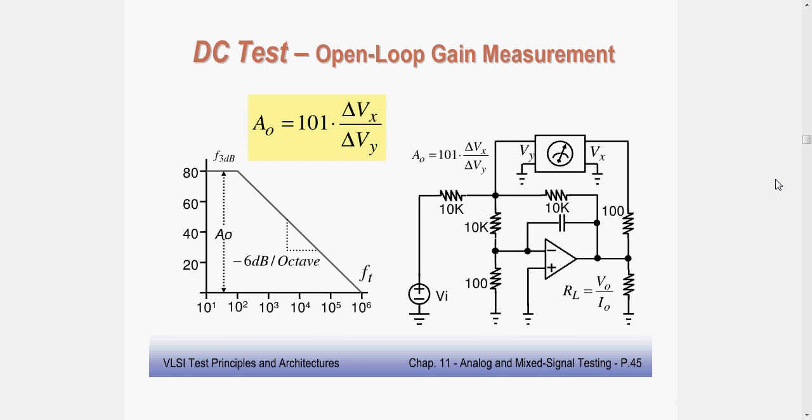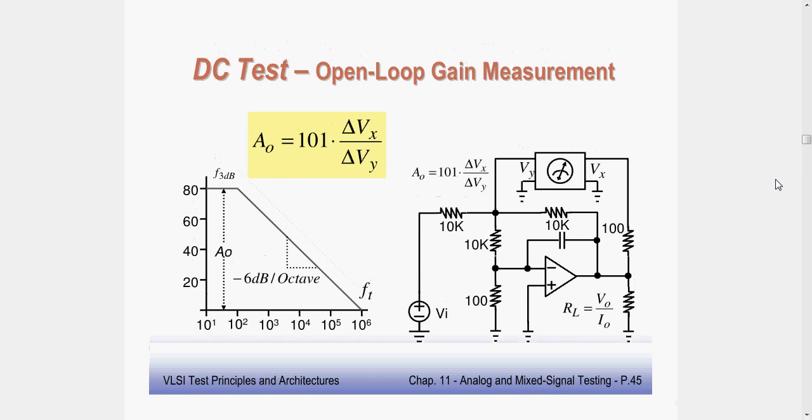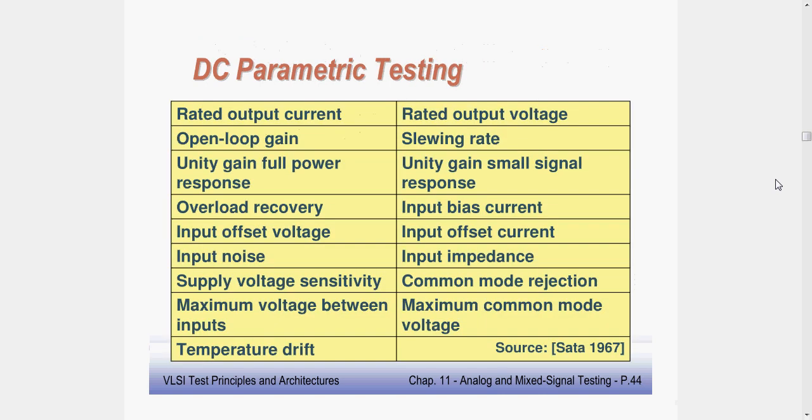You have a preamplifier, and then an op amp, and then filters, and then ADC, and then sample and hold, and then the processing where it is converted from analog to digital. In this setup, the op amp becomes a vital part. So I am considering an op amp for explaining the different types of DC parameter tests.